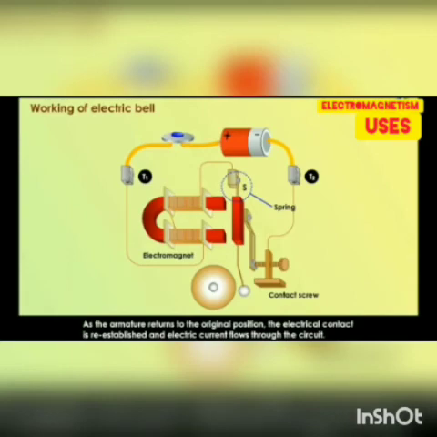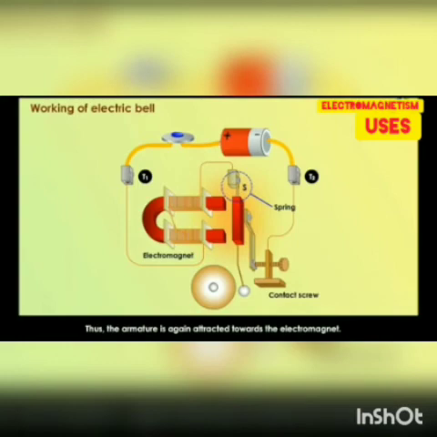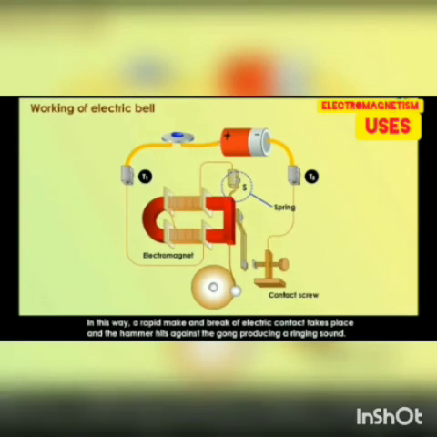As the armature returns to the original position, the electrical contact is re-established and electric current flows through the circuit. Thus, the armature is again attracted towards the electromagnet. In this way, a rapid make and break of electric contact takes place and the hammer hits against the gong, producing a ringing sound.